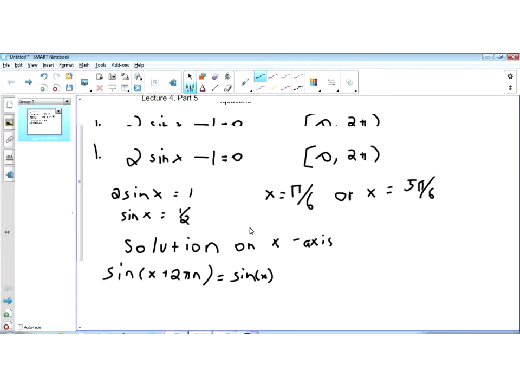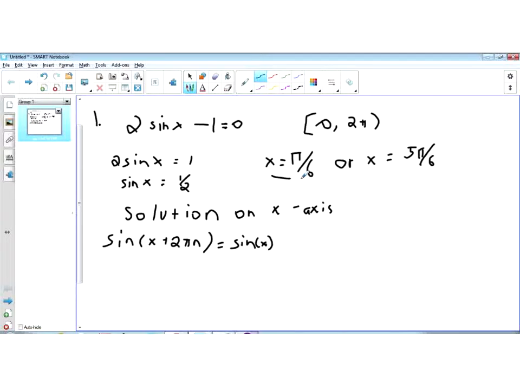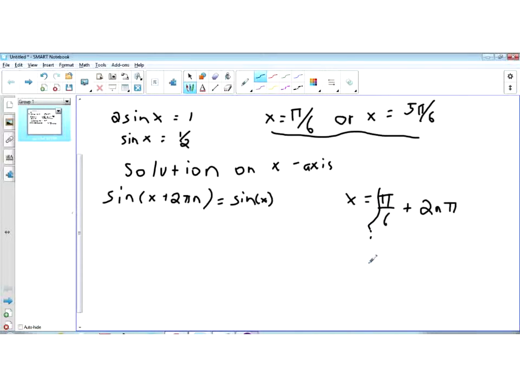So we can take the solution on 0 to 2 pi and add integral multiples of 2 pi. So on the entire x-axis, where n is an integer, these would be solutions.